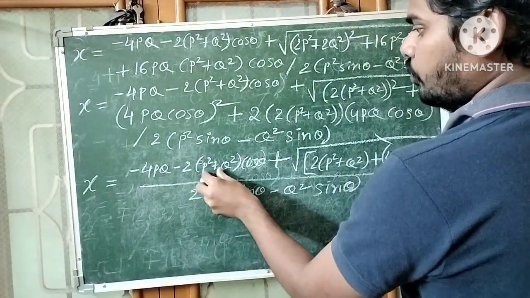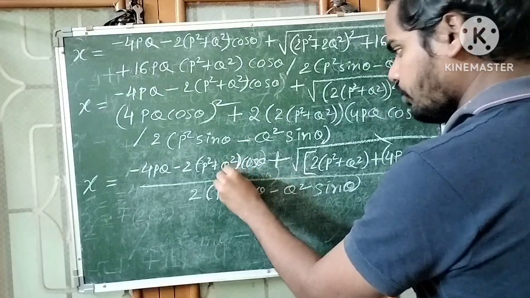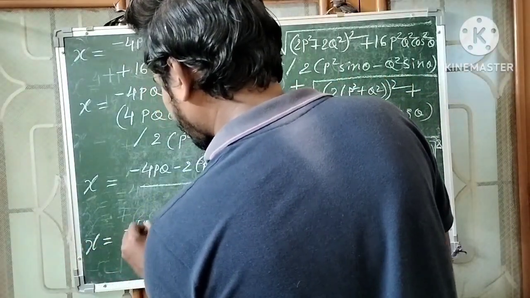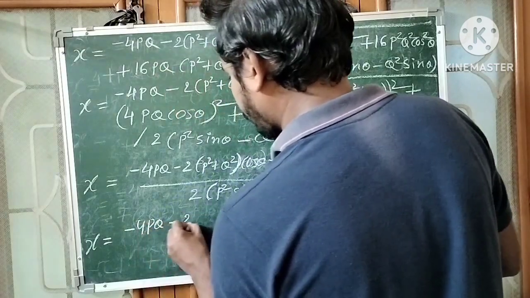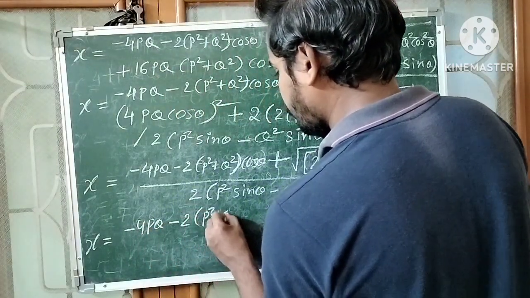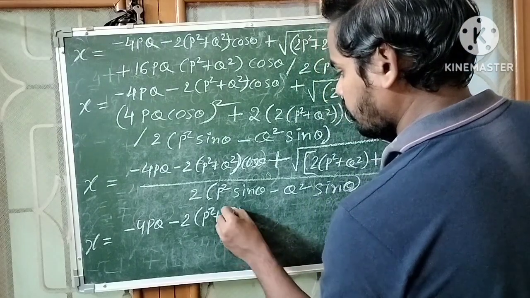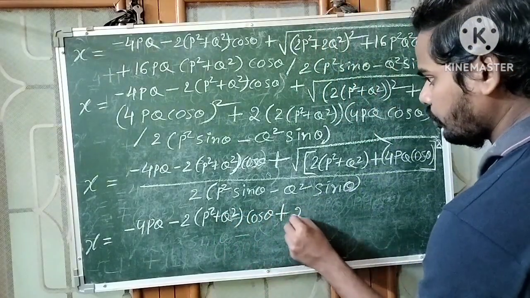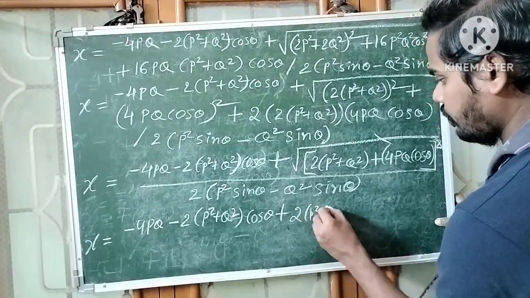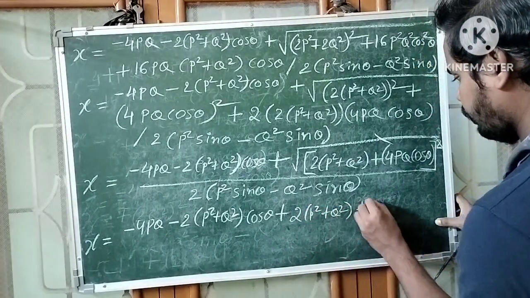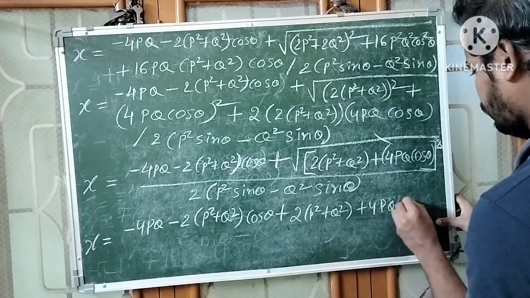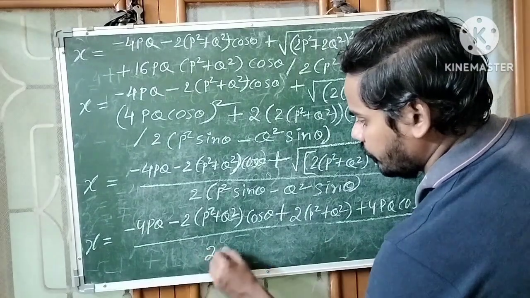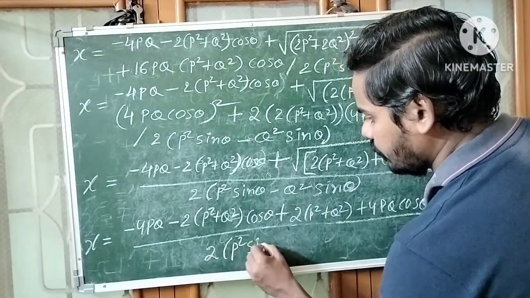So minus 2 into p square plus q square into cos theta, not q square cos theta. x is equal to minus 4pq minus 2 into p square plus q square cos theta plus 2 into p square plus q square plus 4pq cos theta, all divided by 2 into p square sin theta minus q square sin theta.